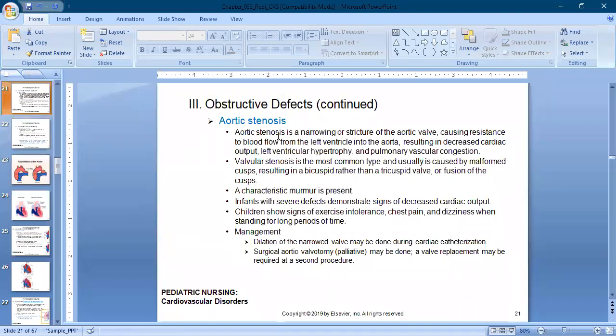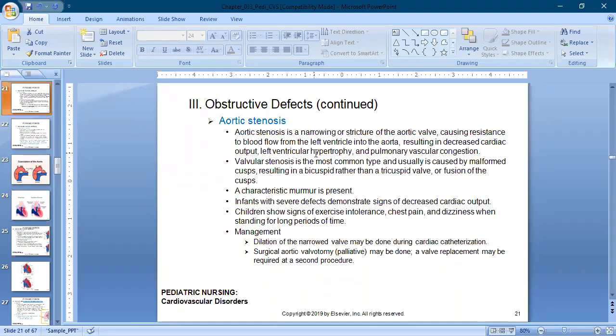Aortic stenosis is a narrowing or stricture of the aortic valve, right? It causes resistance to blood flow from the left ventricle into the aorta, resulting in decreased cardiac output, leading to left ventricular hypertrophy and pulmonary backflow, and this is called congestion.